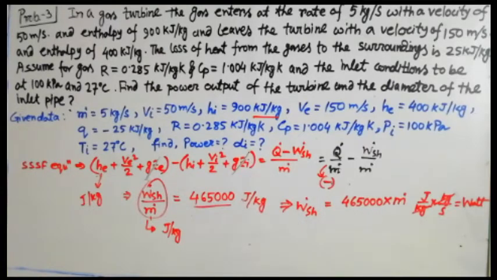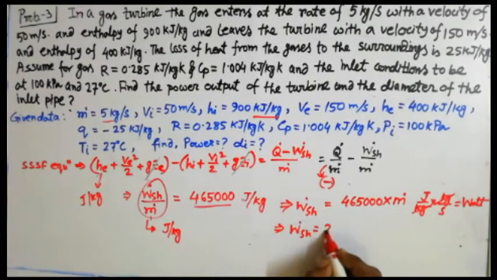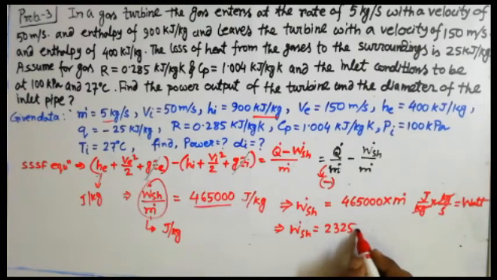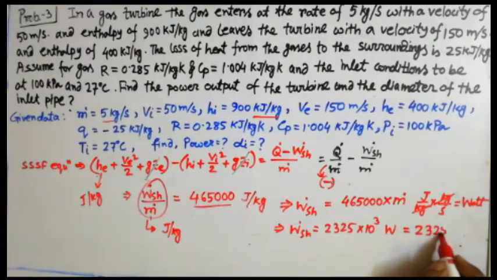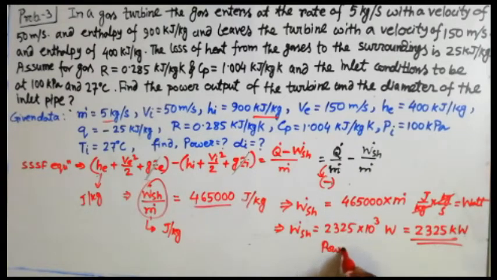The mass flow rate is given, that is 5 kg per second. If you multiply the mass flow rate, it will give you a value of 2325 multiplied with 10 to the power 3, with the unit of watt. So I can write 2325 kilowatt. That will be the power produced, or the power developed by the turbine, in terms of kilowatt.